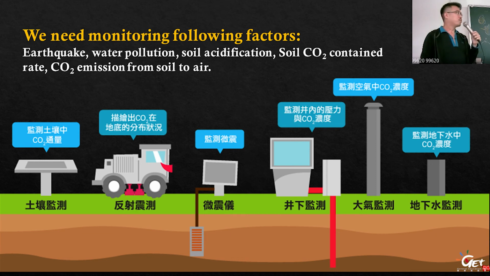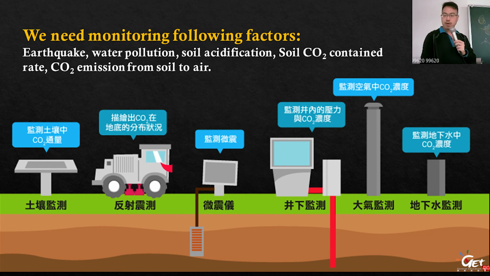We also have to prevent the carbon dioxide from being absorbed by underground water. If water absorbs a lot of carbon dioxide, it will be acidified, which means the pH value will go down and kill the animals living beside. It's not good.